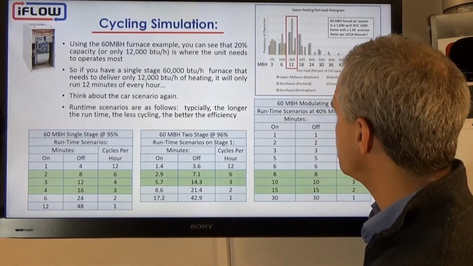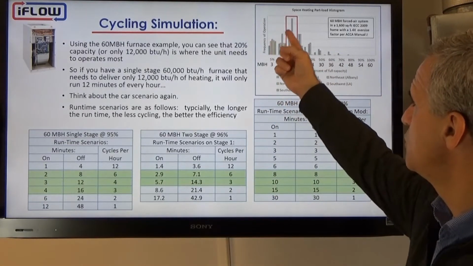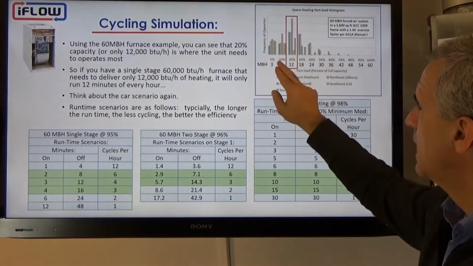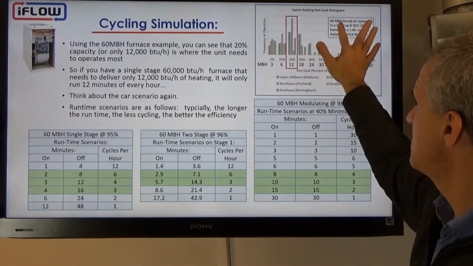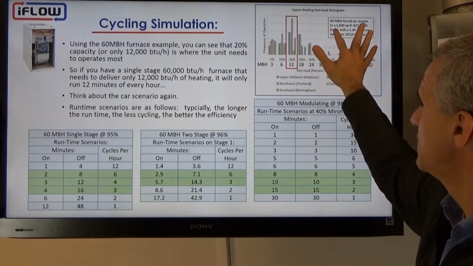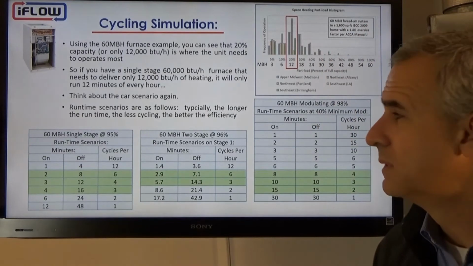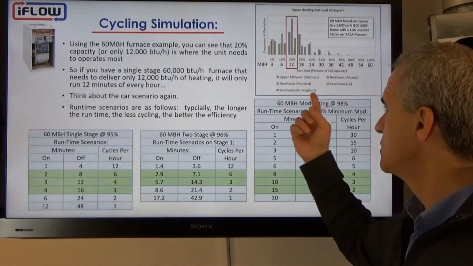So let's say, and I'm looking at a heat distribution up here in the corner, I'm looking at most of my heat distribution. This is a 60,000 BTU furnace installed in a 1,600 square foot home in 5 different locations across the US.